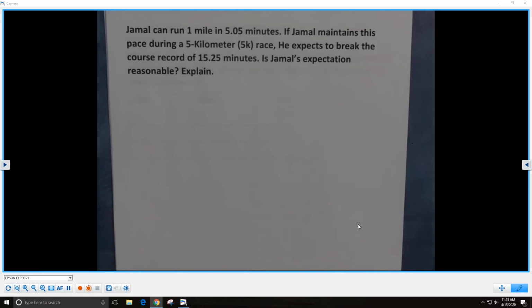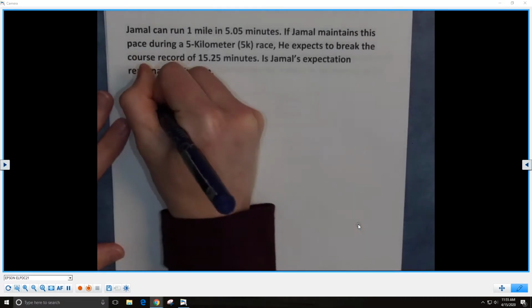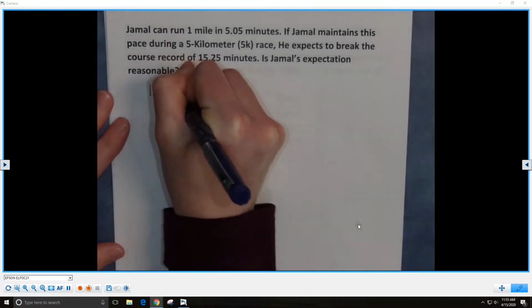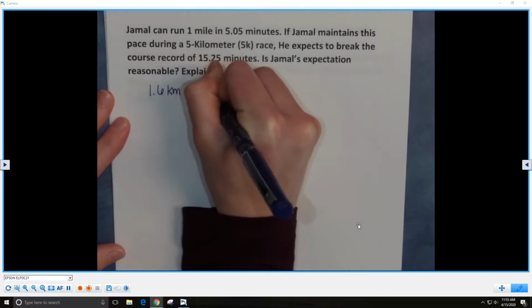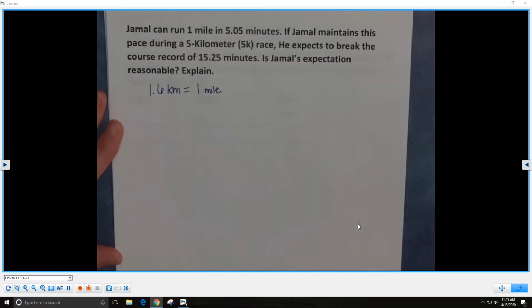Explain. Let's get started. What if we let m equal the number of miles in a 5K race? Do you remember how many kilometers are in a mile? That's it. There are 1 6/10 kilometers in 1 mile. What have we already worked with this week that could help us solve this problem?